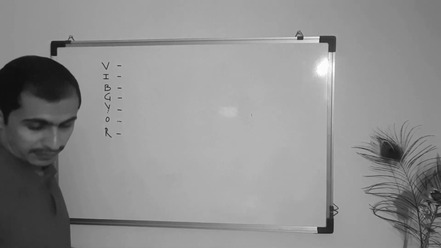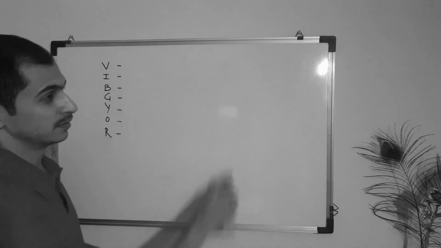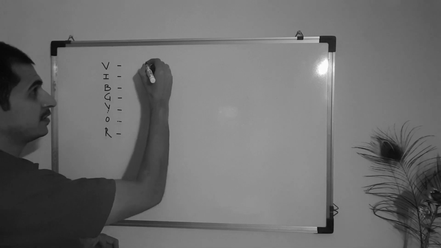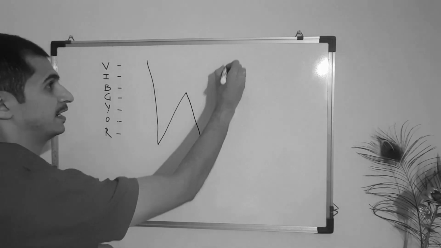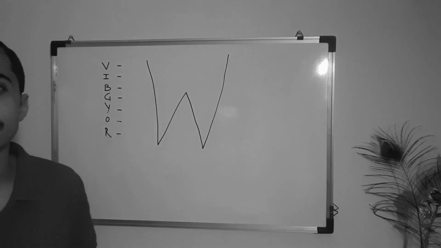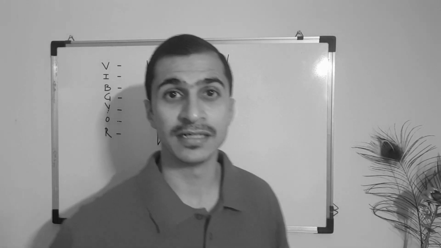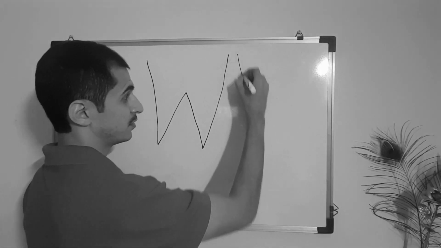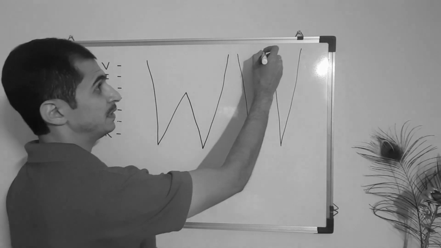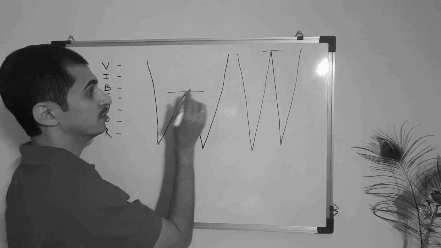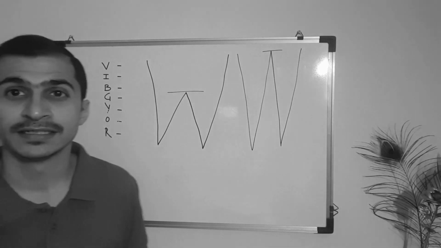Now what if the center peak is not as high as the earlier one? Earlier we saw the peak going all the way up. So what if the peak goes halfway?